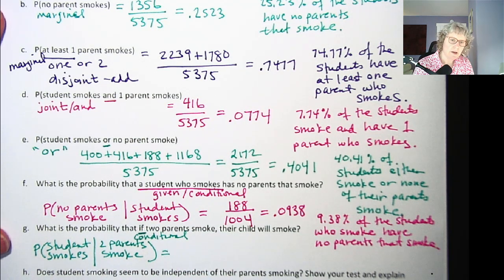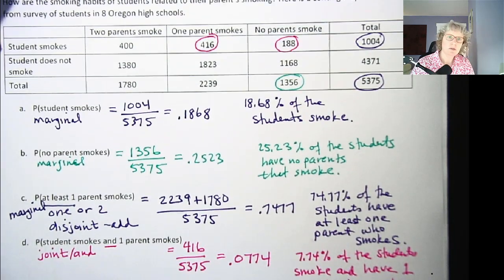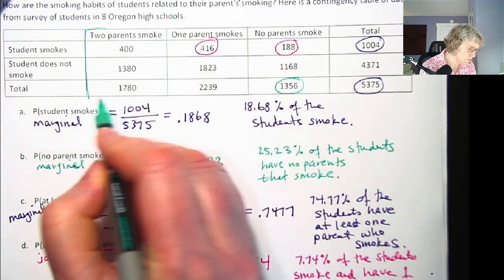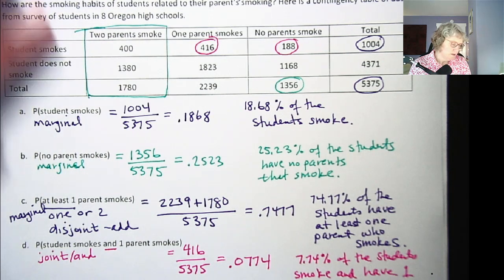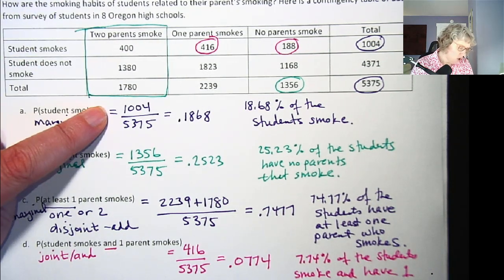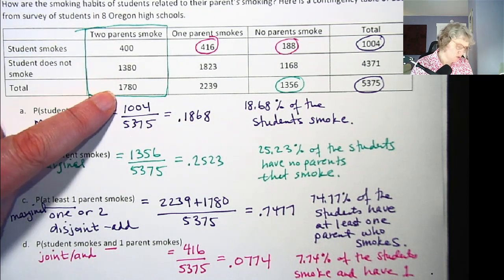Okay, let's look at which row or column we'll be using. So if two parents smoke, is that a row or a column? Two parents smoke, that is a column. So I'm going to outline it in green, since I don't have any of this column highlighted yet. So I know that it's going to be out of 1,780, that column total.